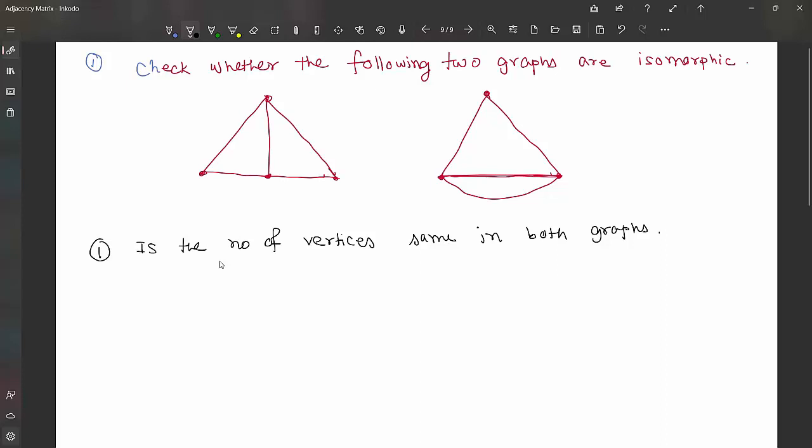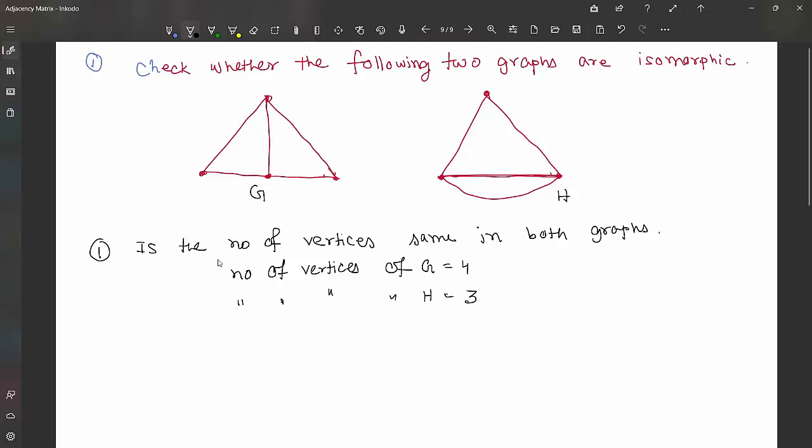Here you can see the number of vertices present in the set V. If you take this as the G set, and this as the H set, the number of vertices of G is equal to 4, but the number of vertices of the graph H is equal to 3.